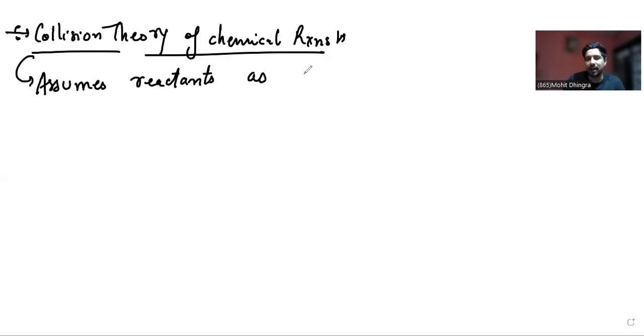It assumes reactants as hard spheres. It means that the reactants undergo a number of collisions, and those collisions are responsible for the formation of products, for the formation of new bonds.